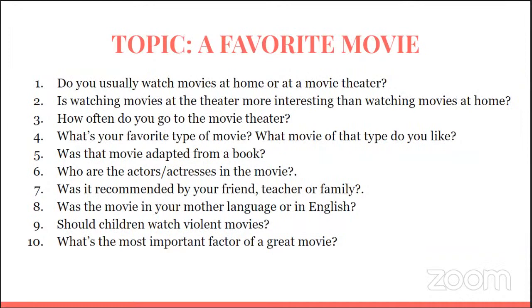And who is your favorite actor or actress? Okay, my favorite actor is, ¿cómo se llama? He acted in Piratas del Caribe.